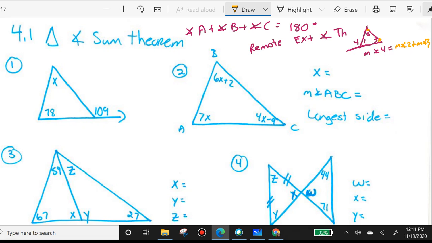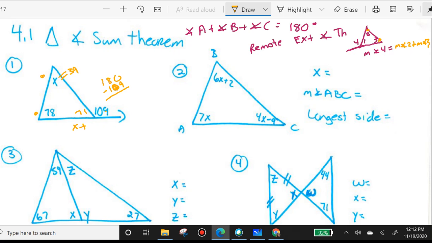So for this problem, number 1, again, you could just do it with the triangle angle sum theorem, knowing that you can do 180 minus 109, and you figure out that this angle is 71. And then you could use the triangle to figure out the other angle is going to be 180 minus 149, which is 31. Or if you use the remote exterior angle theorem, it's telling us that this and this add up to the 109.